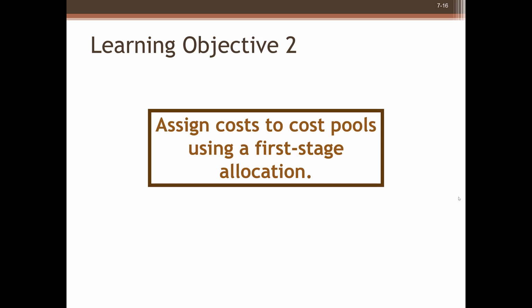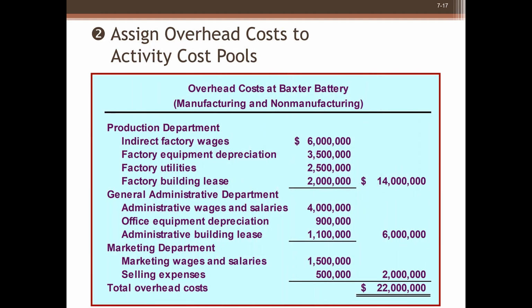Learning Objective 2 and Step 2 is to assign costs to cost pools using a first stage allocation. This is the overhead cost at the Baxter Company, including manufacturing cost and non-manufacturing costs, which should be assigned to activity cost pools. The costs are organized by department: production department, general administrative, and marketing department.